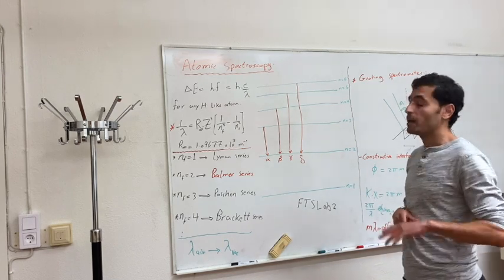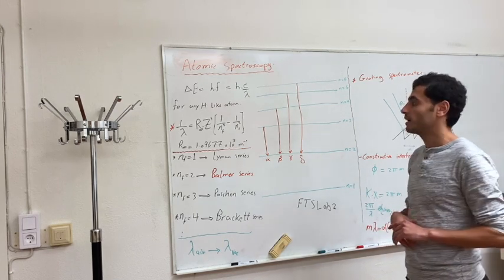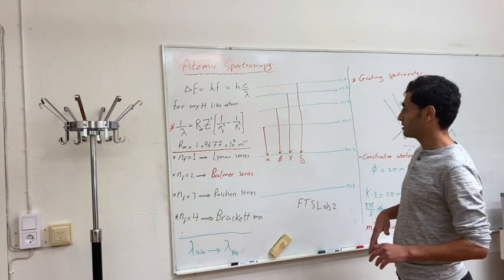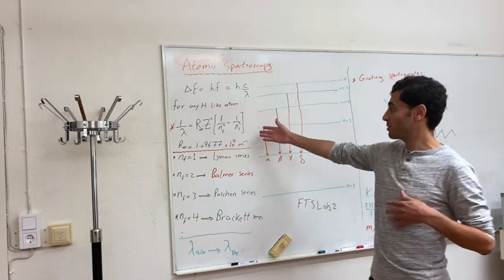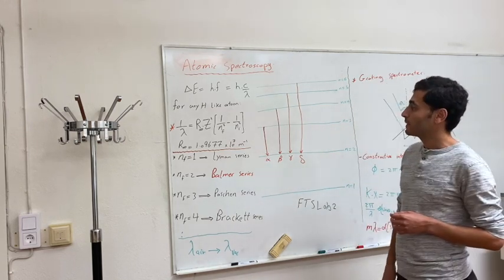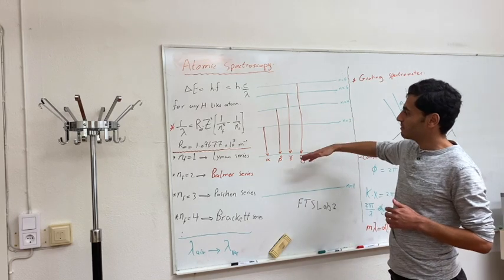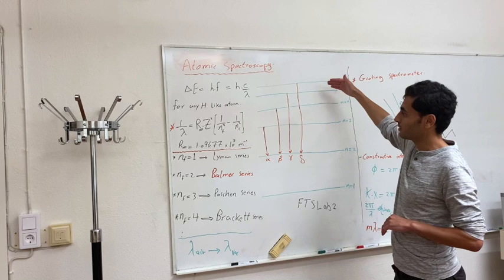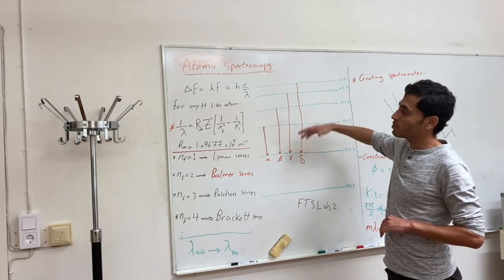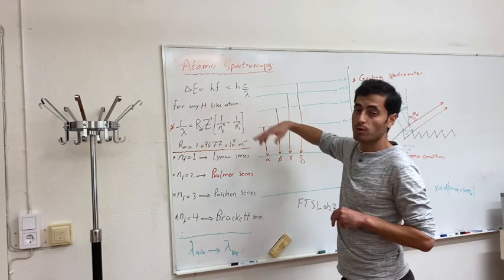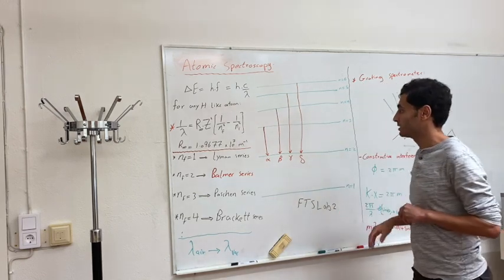So you will look at the Balmer formula, which is a simplified or special case version of a more general rule called the Rydberg formula, the Rydberg-Ritz formula. If you know the initial quantum number and the final quantum number, then you can know what the energy is, or through this relation, what the wavelength of the photon that will be emitted is.